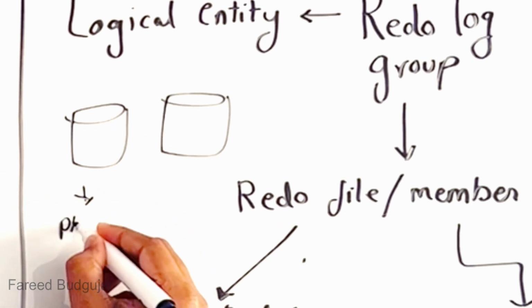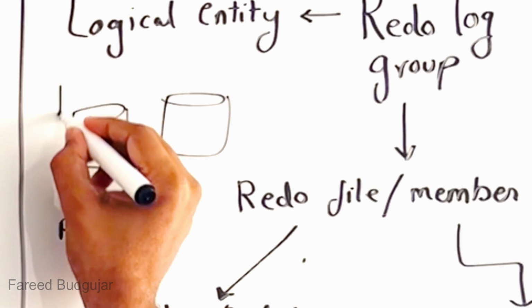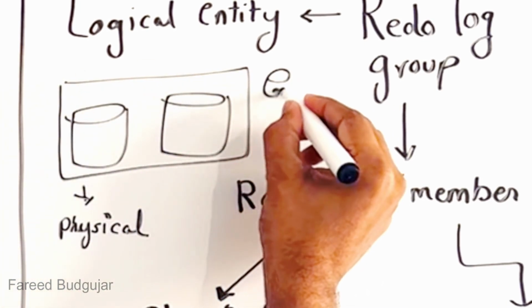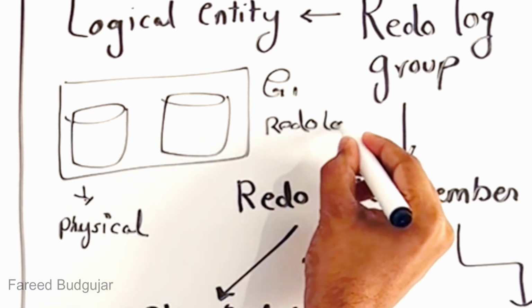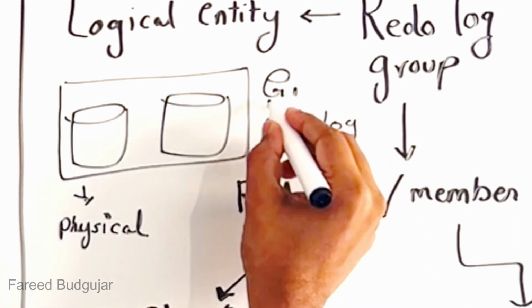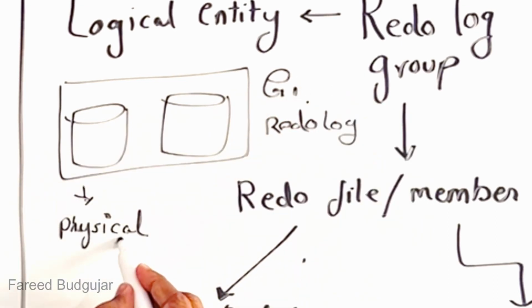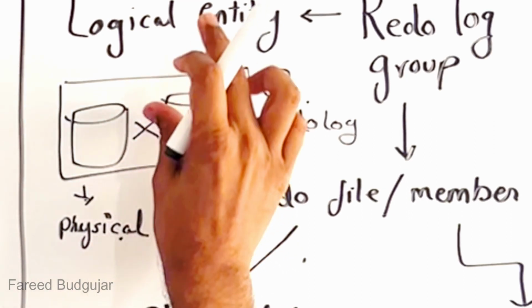These are physical, and it consists of group 1 redo log. That means this is logical and this is physical, and multiplexing has been done and mirroring is done between them.